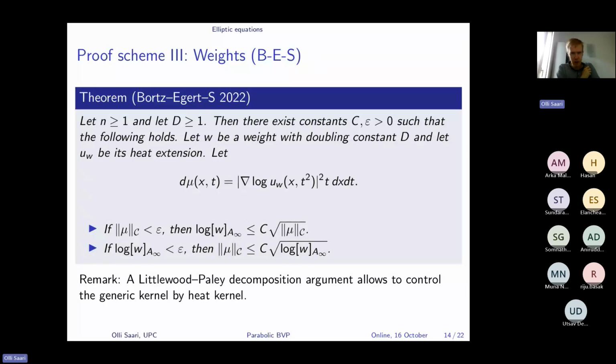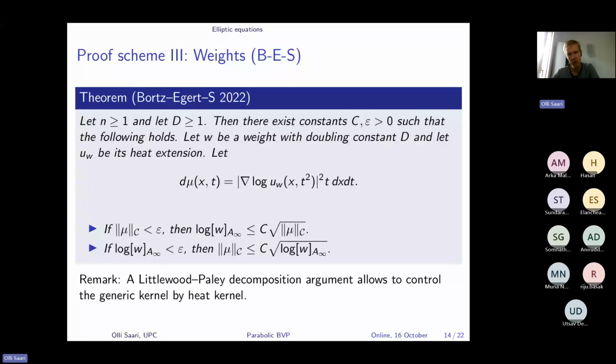We take the gradient of the logarithm of the heat extension, take the modulus and square it, and then normalize it with a suitable factor. And then the result on weights is that if the Carleson measure norm of this quantity is smaller than epsilon, then the log of the A infinity constant is bounded by the square root of this Carleson measure norm.